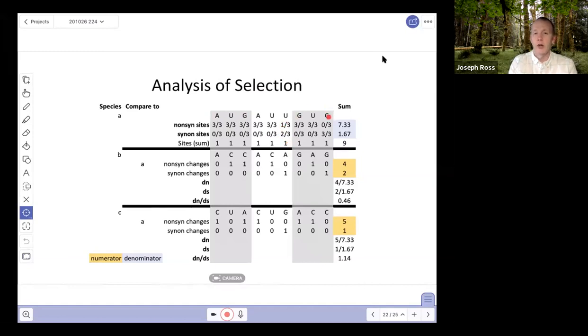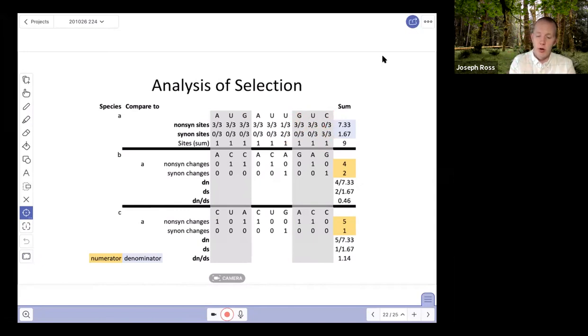And then I just added a third codon here to increase the complexity of this demonstration a little bit. So in this example, GUC, any change at the first position would be non-synonymous. If we replace G with A, C, or U, that changes the amino acid. Same for the second position. And this is one of those codons where the third position could be any of the 4 nucleotides.